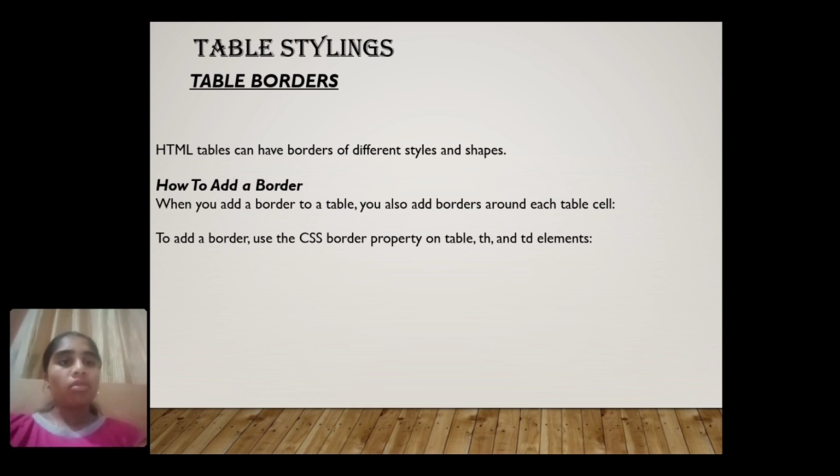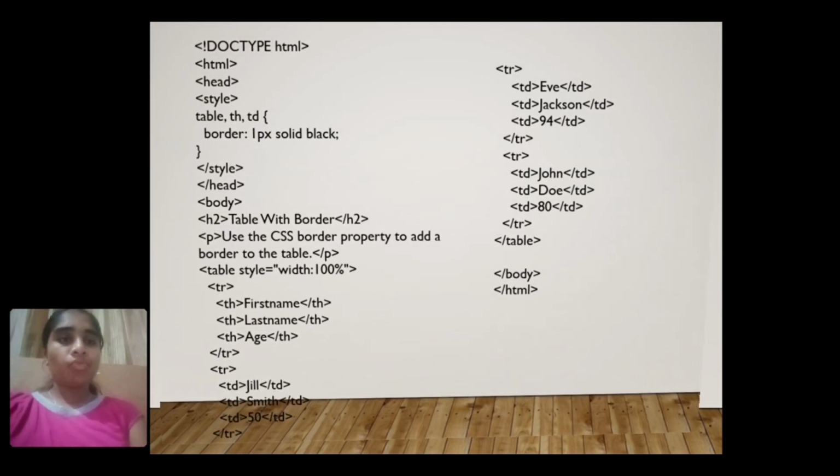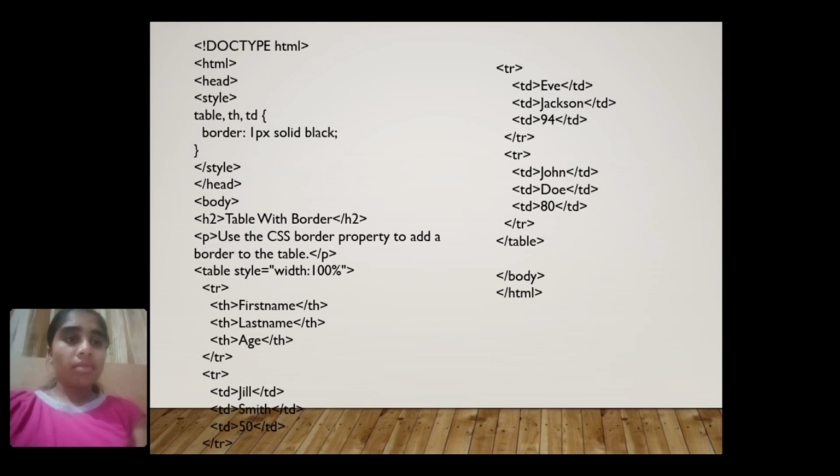When you add a border to a table, you also add a border around each table cell. To add the border, use the CSS border property on the table, th and td elements. Here is the example for the given table header and table data with borders added.